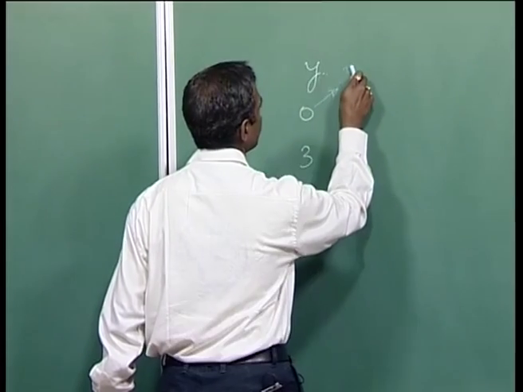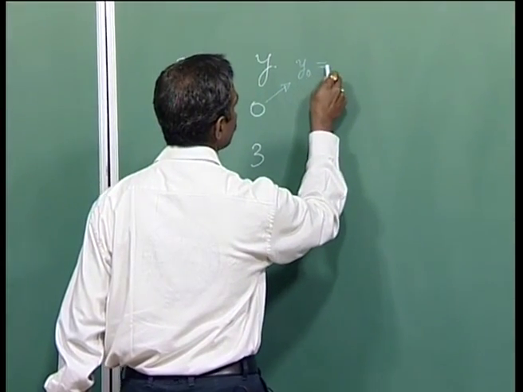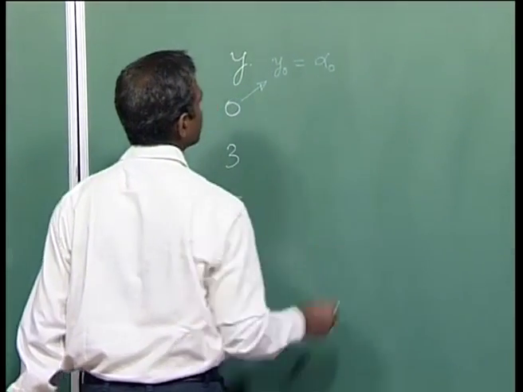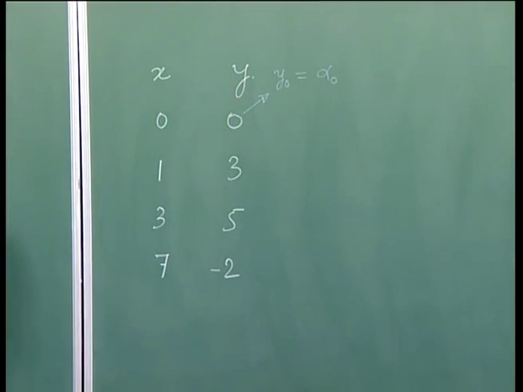This value here is y0, and we know that this is the first unknown, alpha 0.